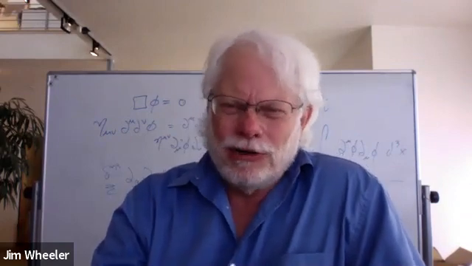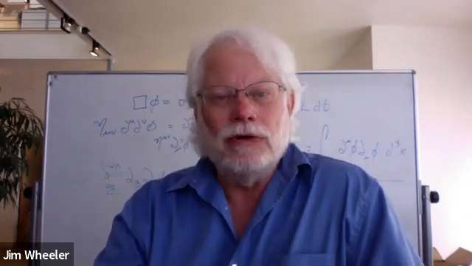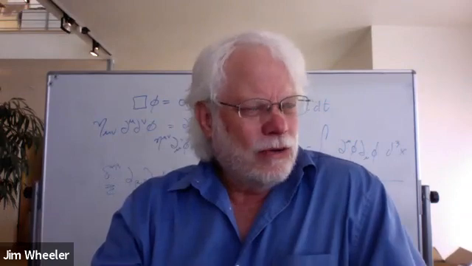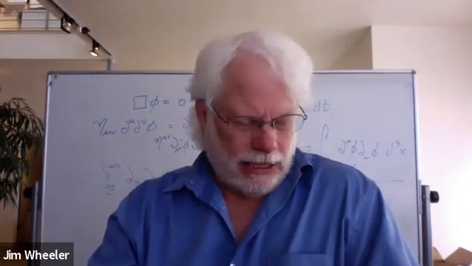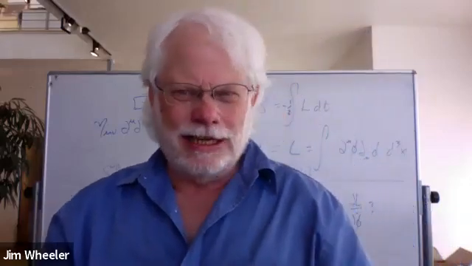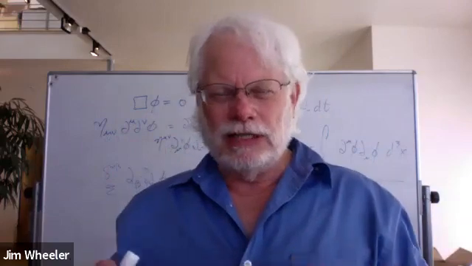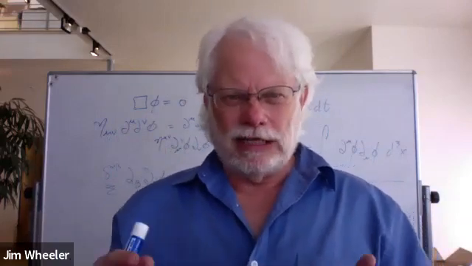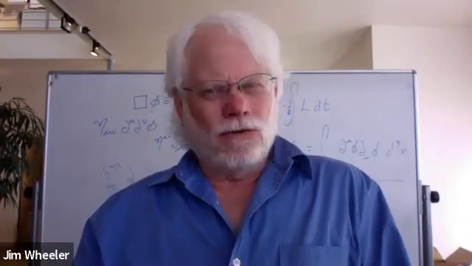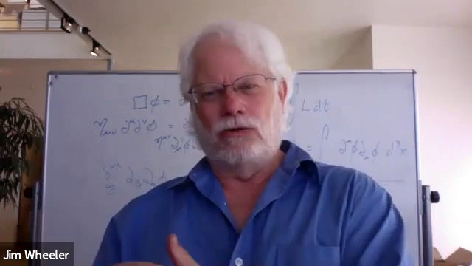You've got to be much more careful if you work with these things in a curved spacetime. You can do it, and people have written books on quantum field theory in curved spacetime. Hartle and Hawking showed in the 70s that if you do a path integral where you're varying the metric as well as everything else, you're trying to quantize everything, the corrections due to fluctuations in the metric only come in at second order.